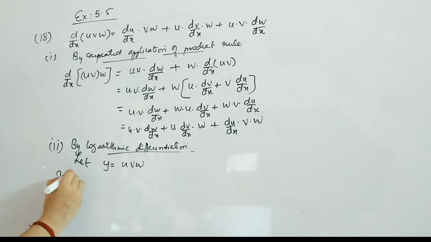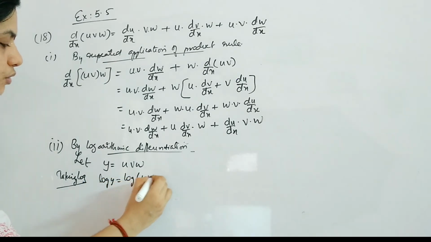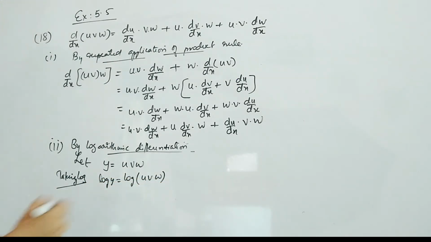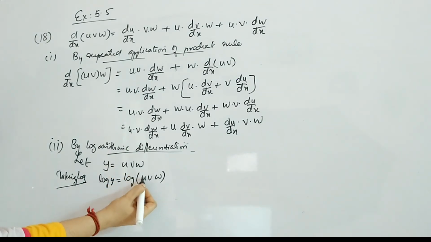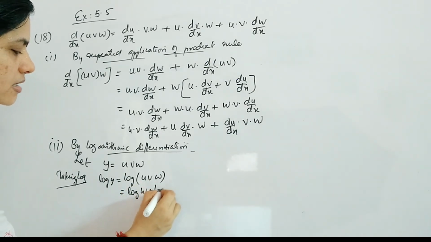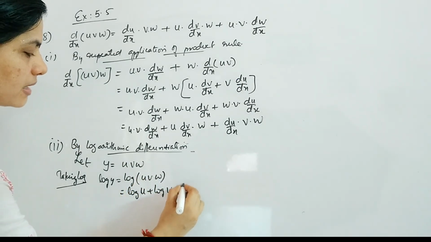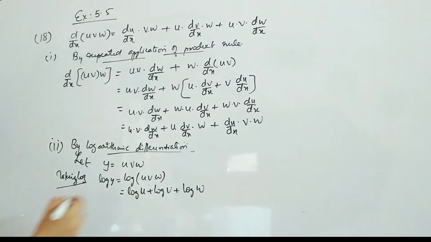So taking log on both sides, what you will get? This side will become log y is equal to log of uvw, right? And this is a product of 3. That means log of abc will give you log a plus log b plus log c. So right hand side will become log u plus log v plus log w. So log y is equal to this one.